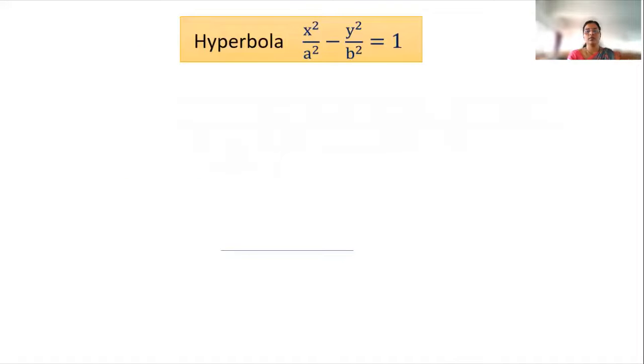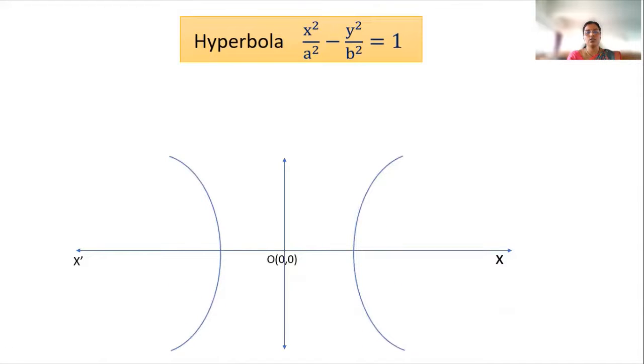The equation of the hyperbola is given by x square upon a square minus y square upon b square is equal to 1. Consider the x-axis, the y-axis, and O is the origin. This is the nature of the hyperbola. A and A dash are the vertices of the hyperbola. S and S dash are the foci of the hyperbola, which are fixed points.